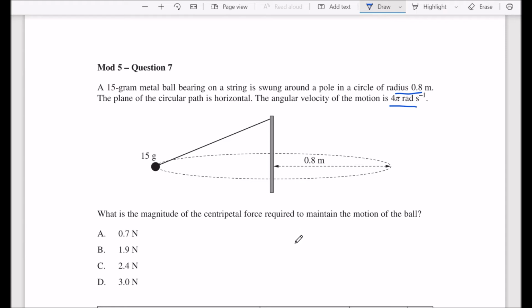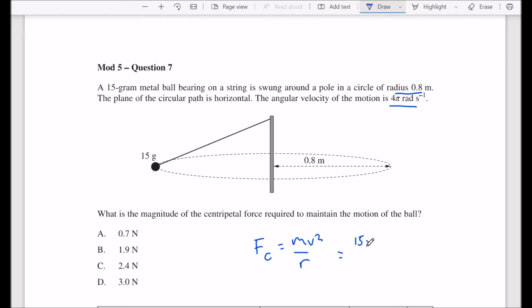Okay, so we know that centripetal force is mv squared over r. Do we have any other information that we might need? Nope. So we already have the majority of the info we need.